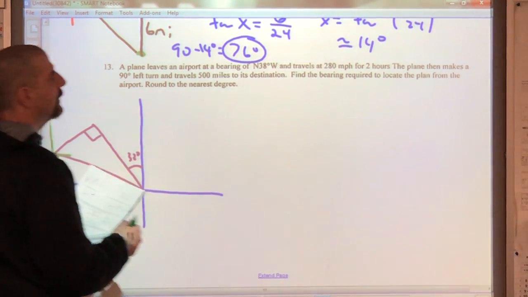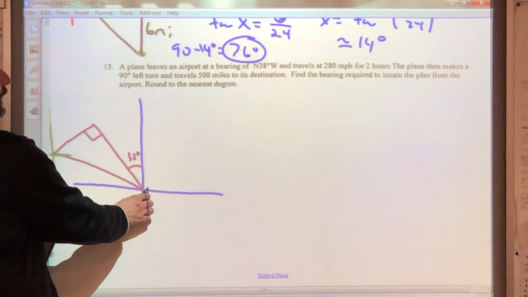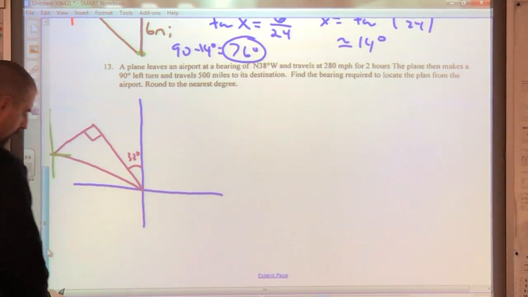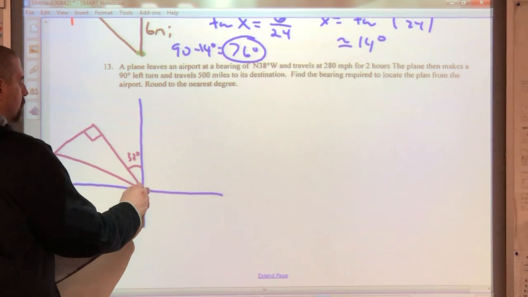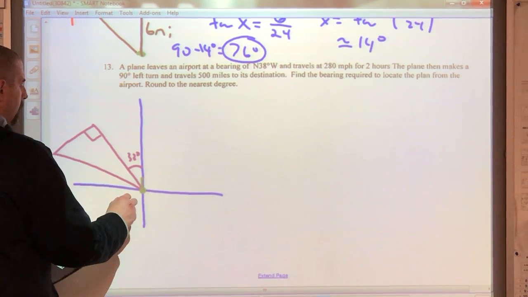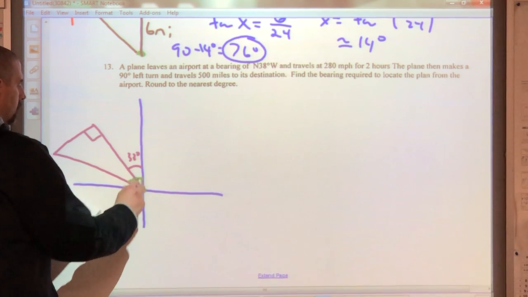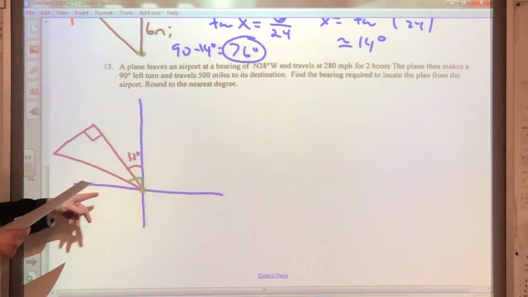We want to find the bearing required to locate, oh wait, we're locating from the airport, I'm sorry, so we don't want any of that. What we want is to locate the plane here, so we need to find that angle.